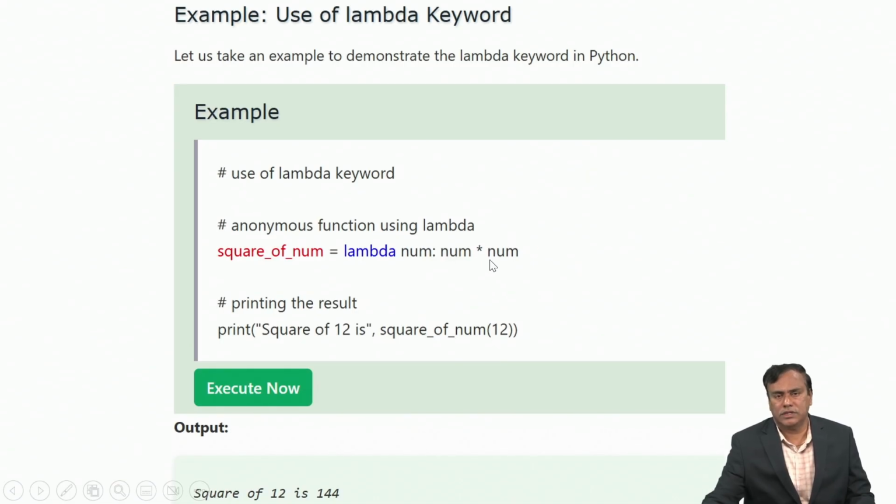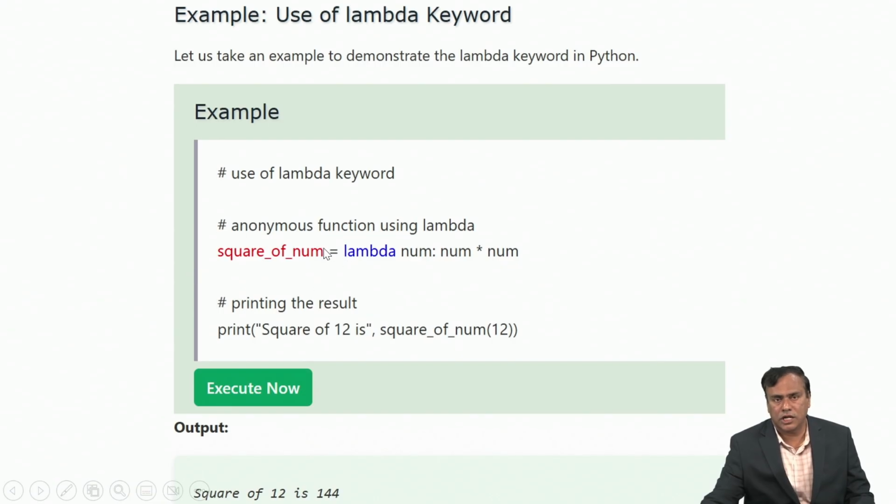You know, square means what? Square of x means x into x. In the same fashion, square of num means num into num. So it is going to be returned by this and collected into this variable square of num, and using this name I'm printing that. So now the square of num acts like a function.